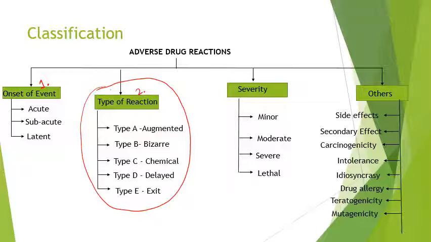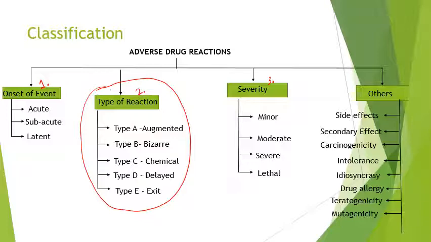Now on to the severity. On the basis of severity, adverse drug reactions can be classified as minor, moderate, severe and lethal. If it is a minor reaction, then no therapy is needed, and it also doesn't need any antidote or prolongation of hospital stay.